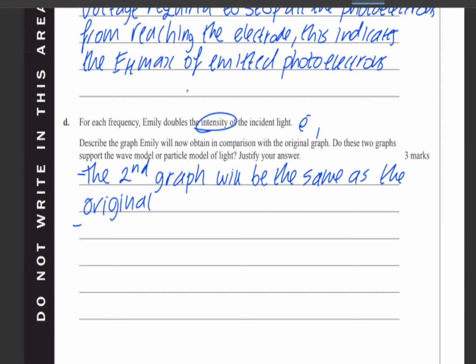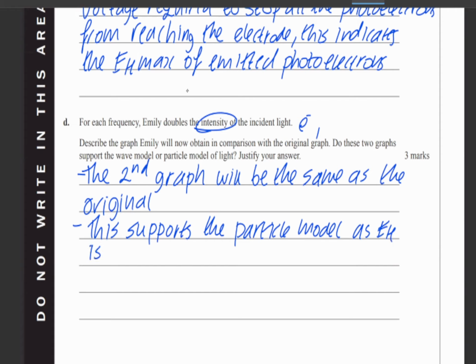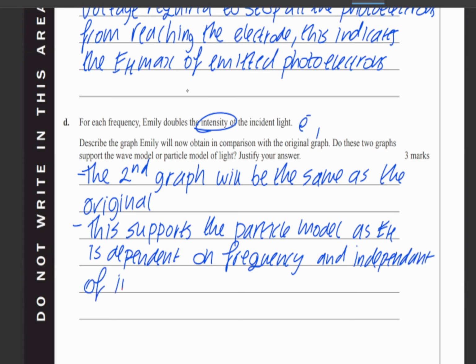So this supports the particle model, as EK, kinetic energy of electron, is dependent on frequency and independent of intensity.